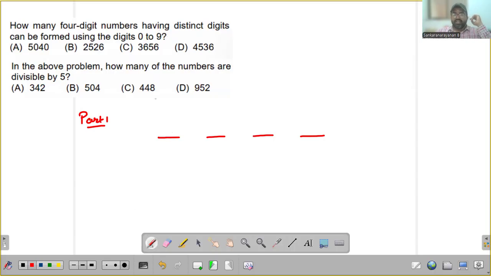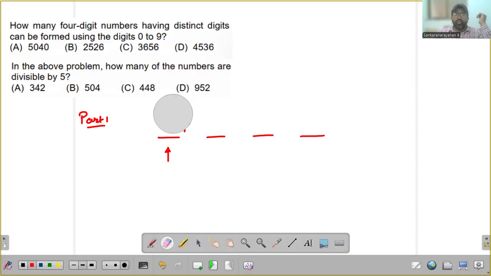Let me consider the number of ways I can take care of the leftmost position, the thousands digit. I can fill it in 9 ways, with either 9 or 8 or 7 or 6 or 5 or 4 or 3 or 2 or 1.